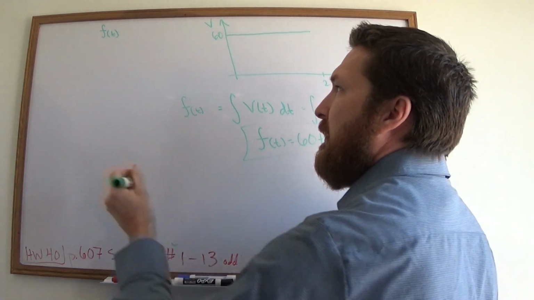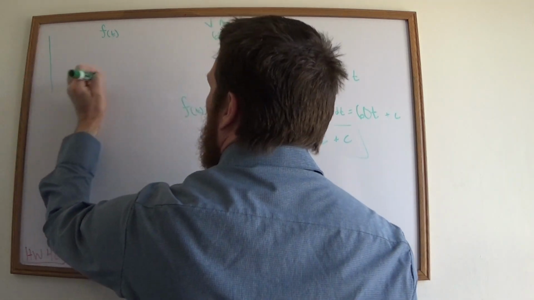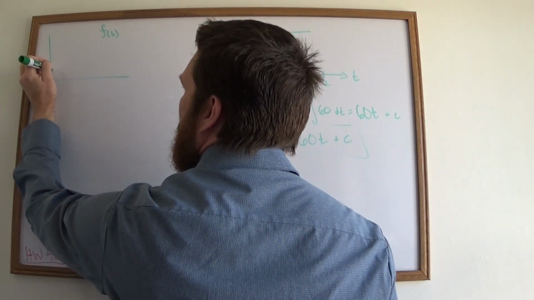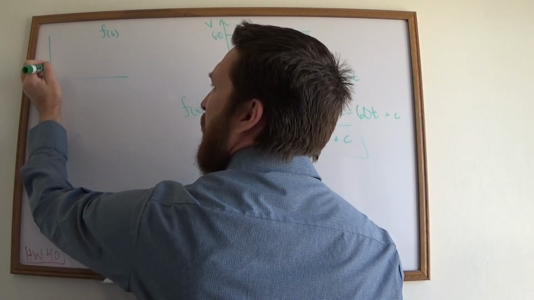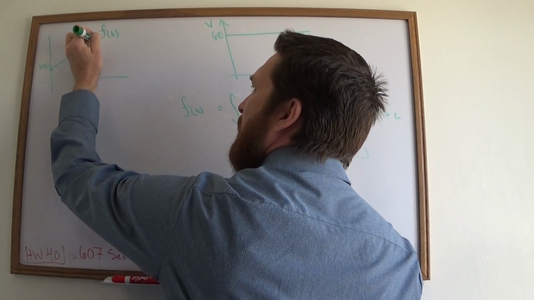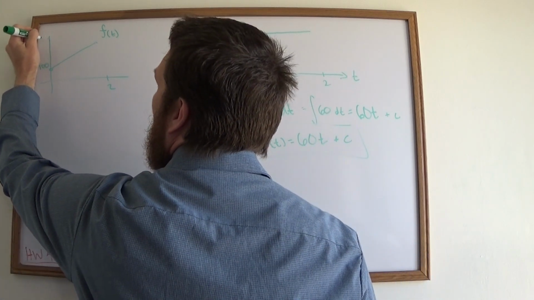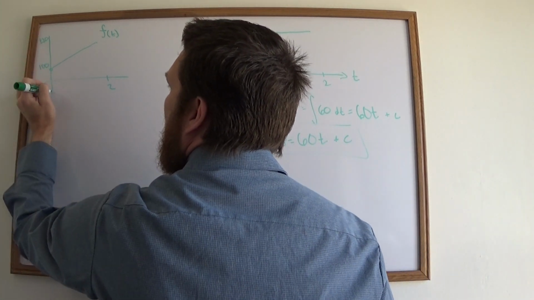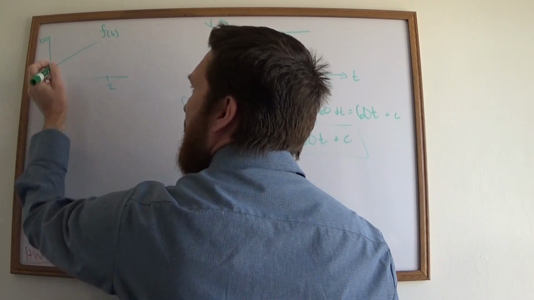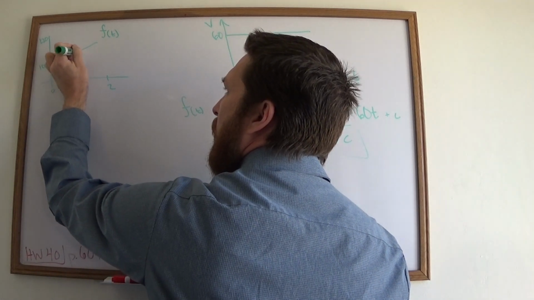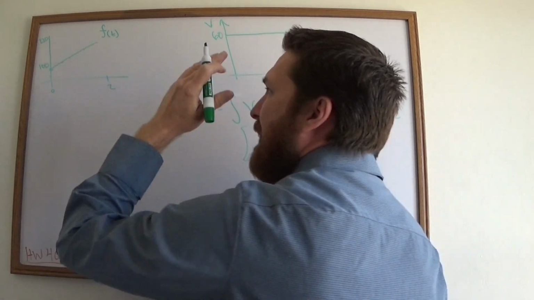Noah, on the other hand, had the entire record of everything. He knew that we started at mile marker 100. He knew that we ended at time equals 2 at mile marker 220. And his data was nice and sufficiently in a row for him to conclude it was linear.